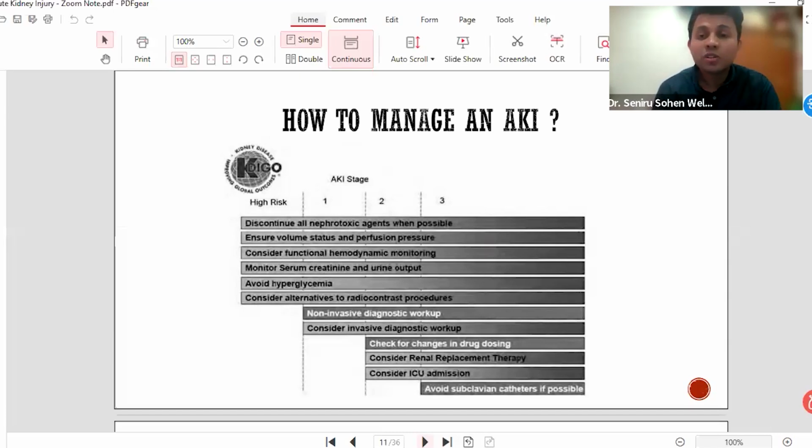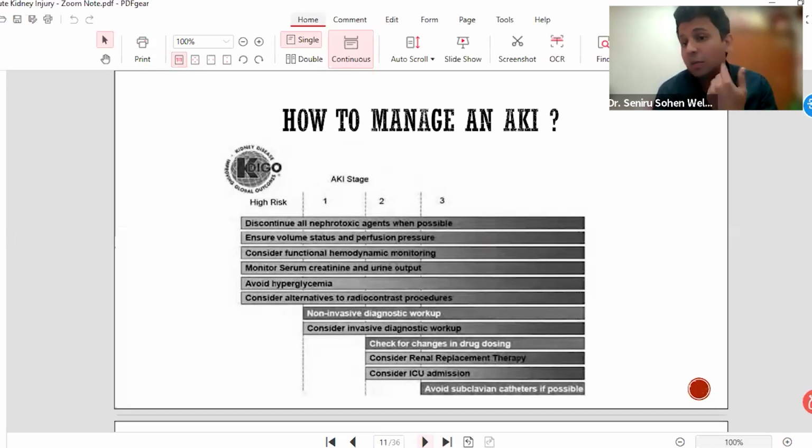Then you should try to avoid hyperglycemia as much as possible. And you should consider whether there are any alternatives if you need to undergo radio contrast procedures. After doing all this, there are certain investigations that will be necessary to determine the cause of the AKI. Serum electrolytes are again very important because there are electrolyte disturbances in patients with AKI.